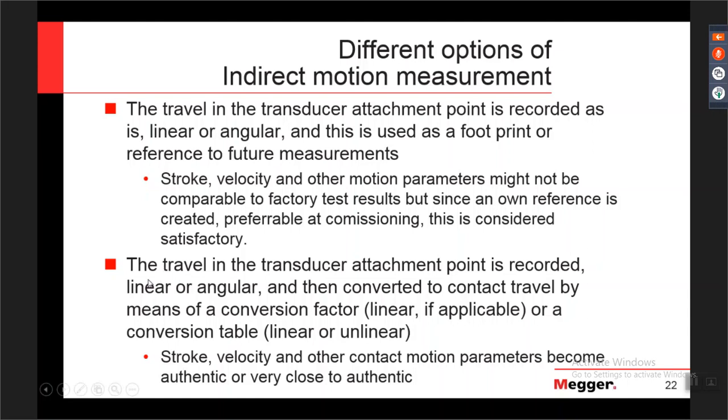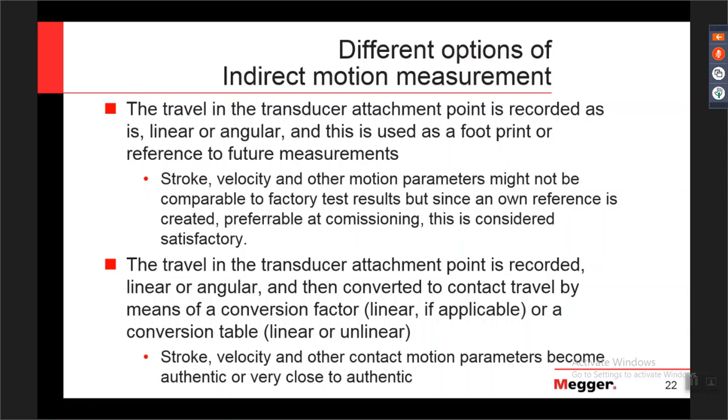And another option is to measure the travel at the transducer attachment point, linear or angular, and then you can convert the travel by means of a conversion table. That can be one way to create the correct graph, comparable to the factory results.